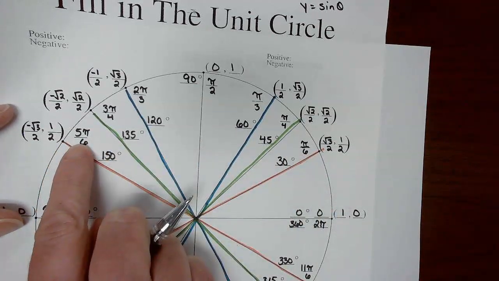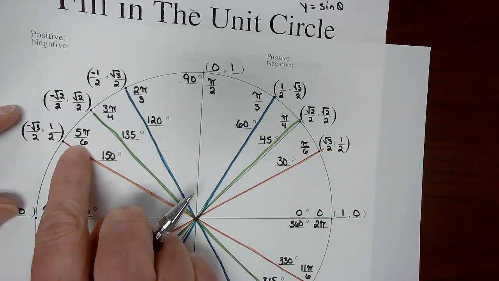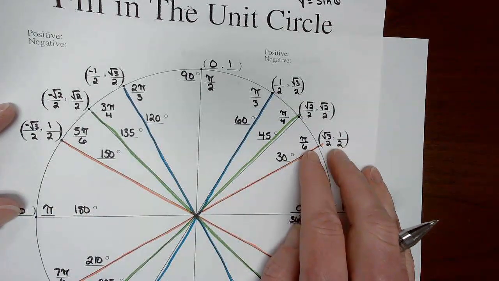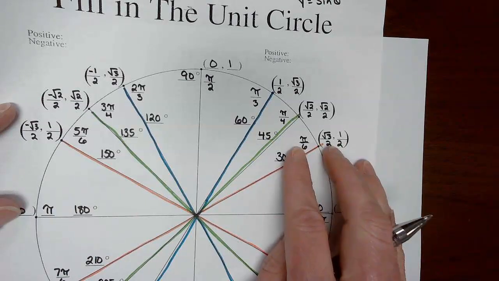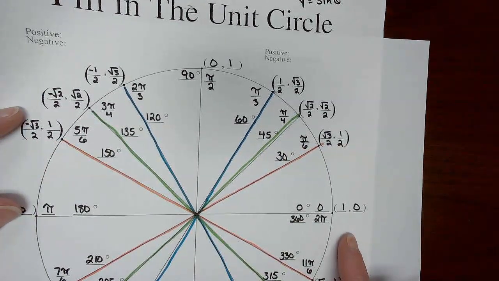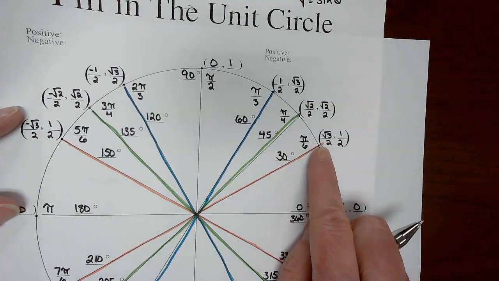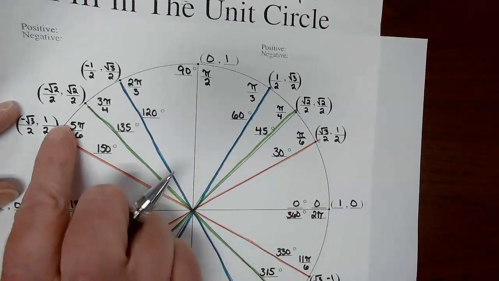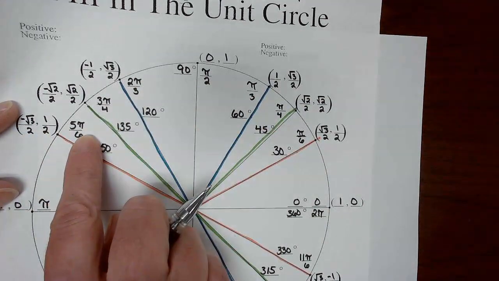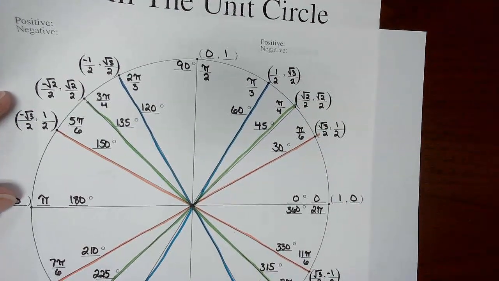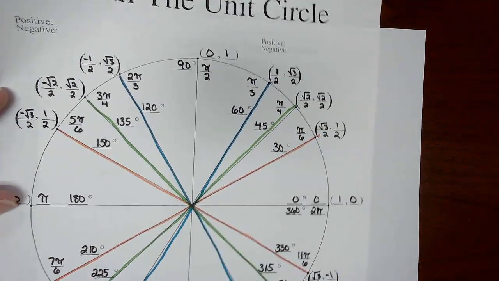But these aren't the only angles that would give me a 1/2 for a y value. So I have pi over 6 and I have 5 pi over 6, but I could also get there if I went around the circle again. Every time I make a rotation around the circle, I'm going to hit that spot again.